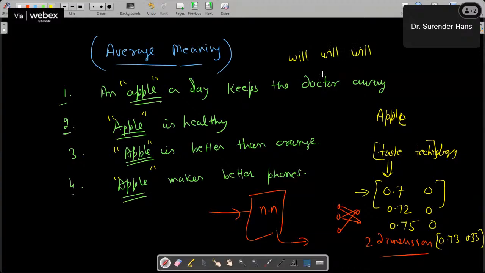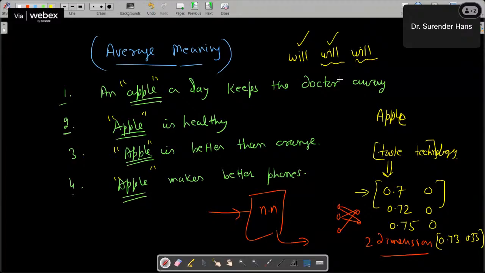This will is a noun, a will, a testament, and this one is a helping verb, will. So what the network understands depends on the training, and the neural network may again get confused. So in that way we have to train the model in a better way.